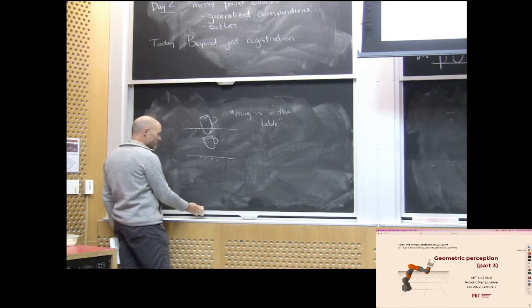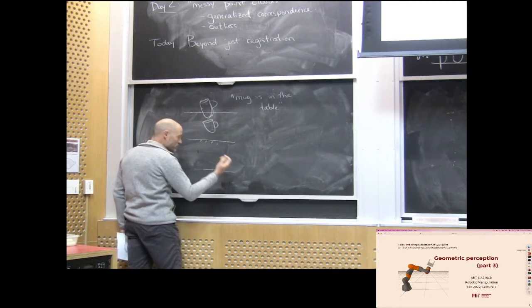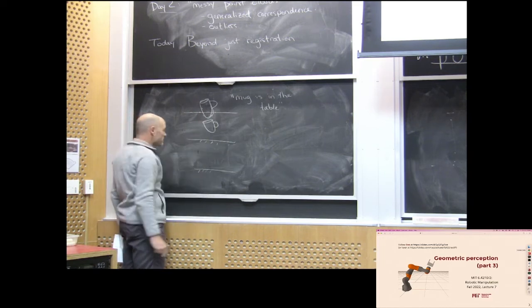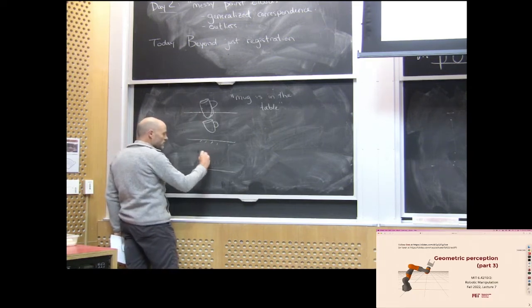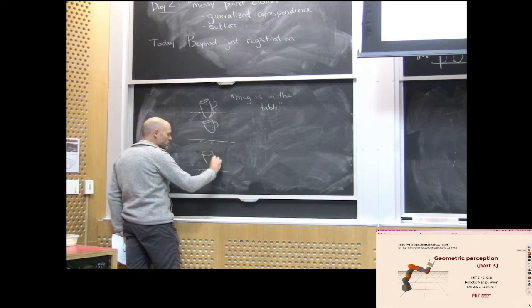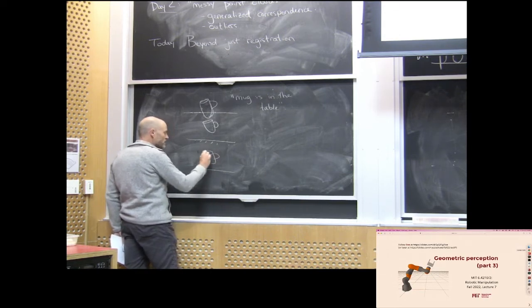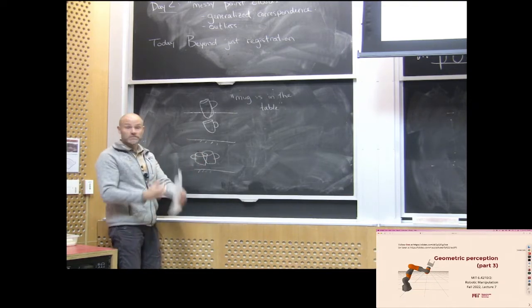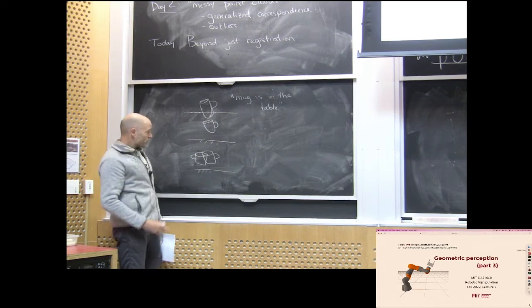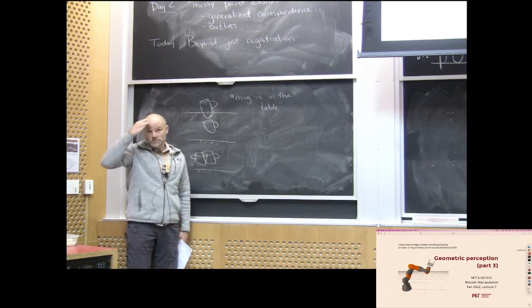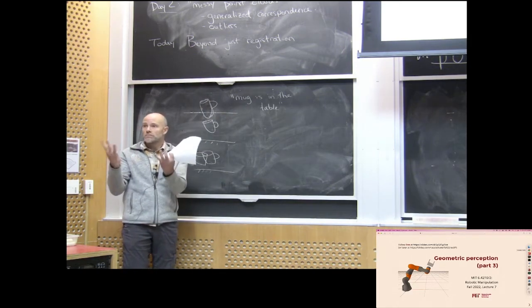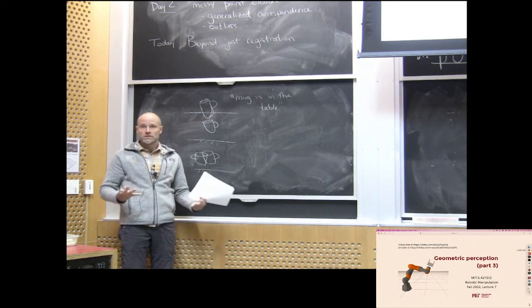Another one that you'll get often, if you're trying to register multiple things, is a version of this: if you're trying to register multiple mugs at the same time, you'll get them overlapping. It'll say, I found two mugs in the scene, and they're in penetration. So there are clearly things that you know that we somehow haven't yet expressed in our objective that points should be close in a Euclidean distance.